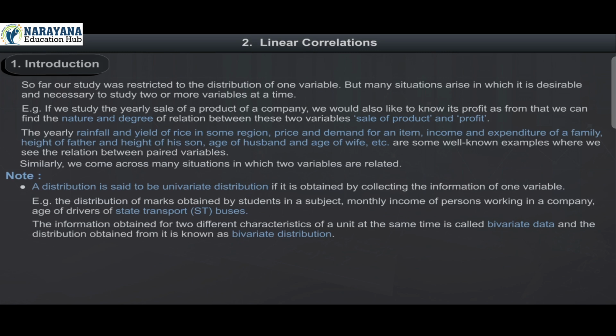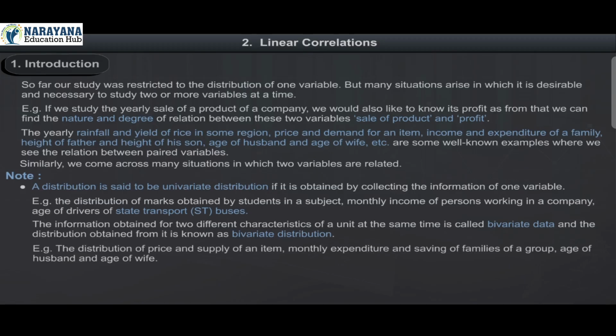The information obtained for two different characteristics of a unit at the same time is called bivariate data, and the distribution obtained from it is known as bivariate distribution. Example: the distribution of price and supply of an item, monthly expenditure and saving of families of a group, age of husband and age of wife.